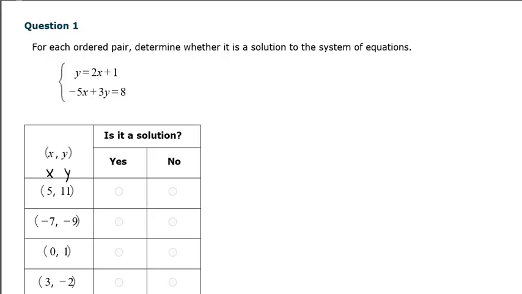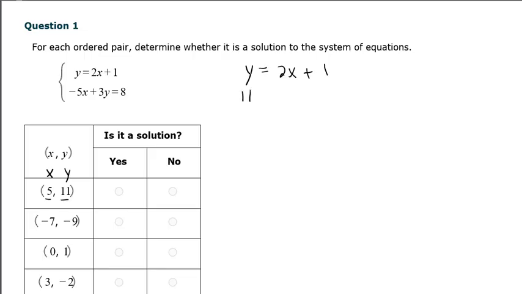So let's start with the example x being 5 and y being 11. So what we're going to do is take the first equation, y equals 2x plus 1, and substitute 5 in for x and 11 for y.